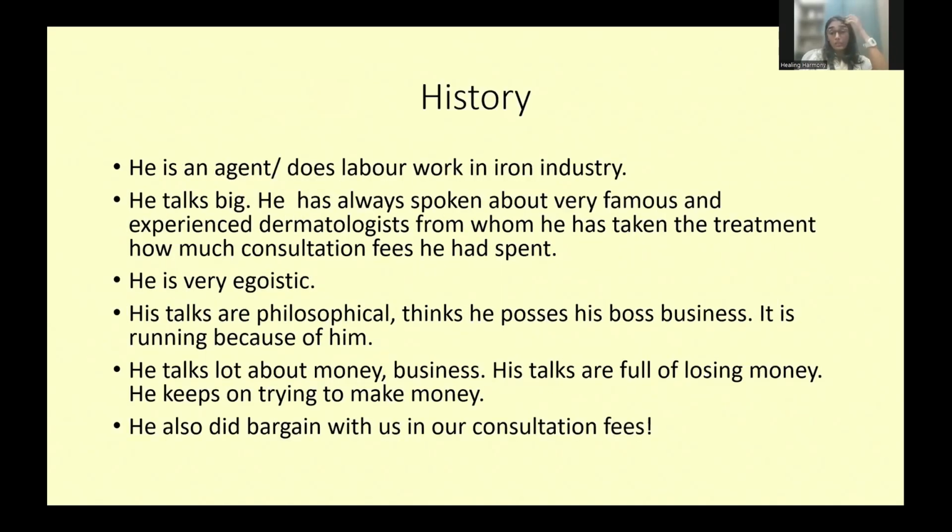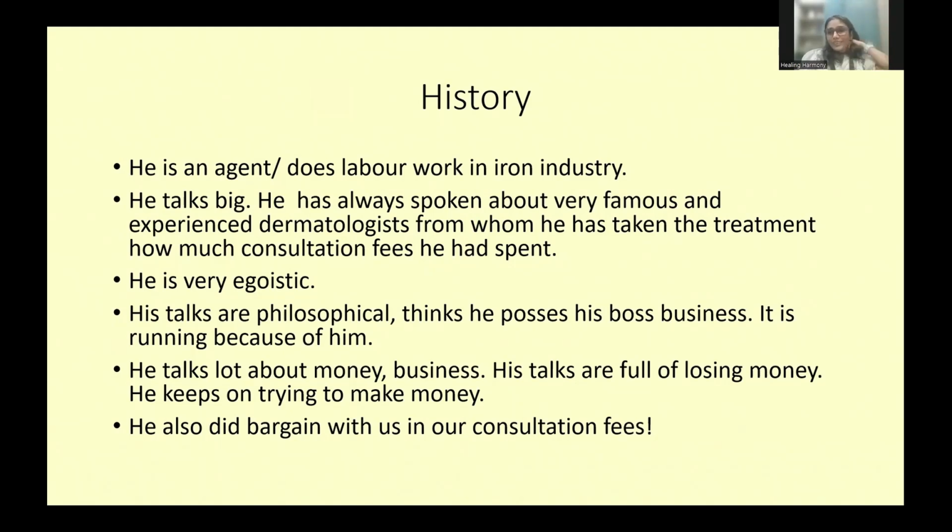So he's very, very affected by it. He's basically an agent, does labor work in an iron factory. But his talks are big. He says that he's met this person, he knows this famous guy, he has worked for them.